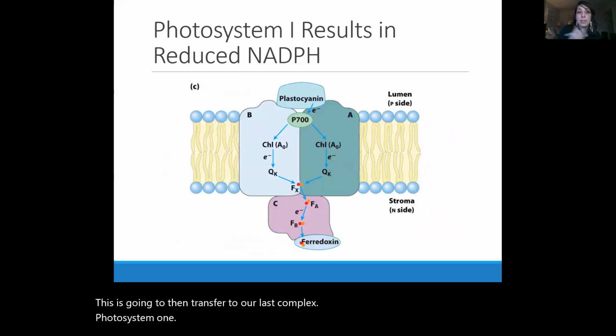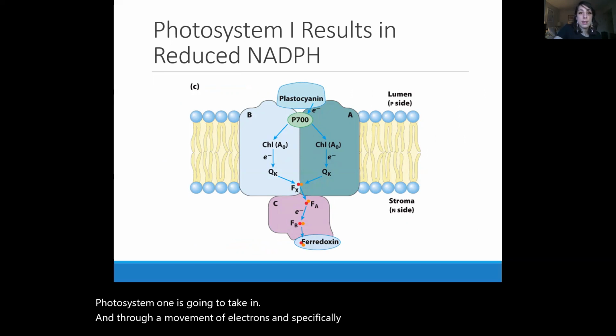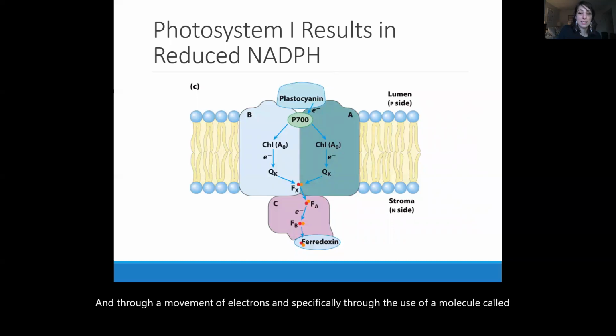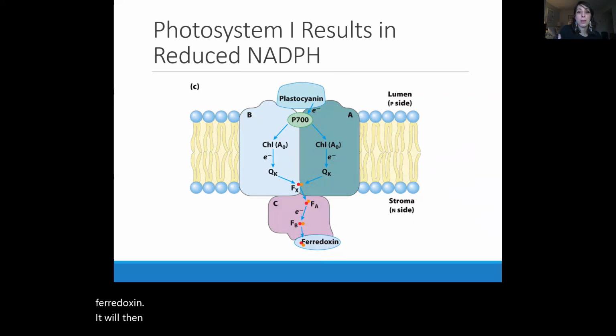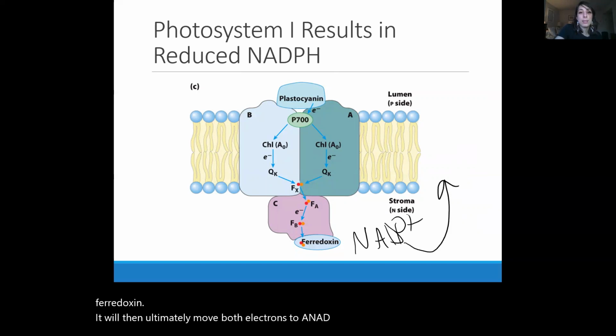Photosystem 1 is going to take in plastocyanin, and through a movement of electrons, and specifically through the use of a molecule called ferredoxin, it will then ultimately move both electrons to a NADP plus and generate an NADPH.